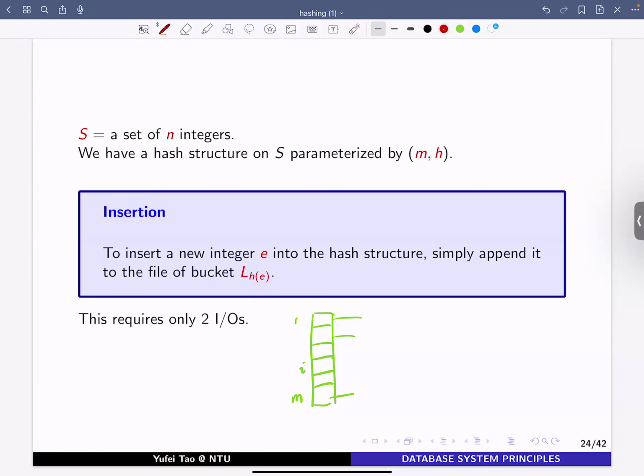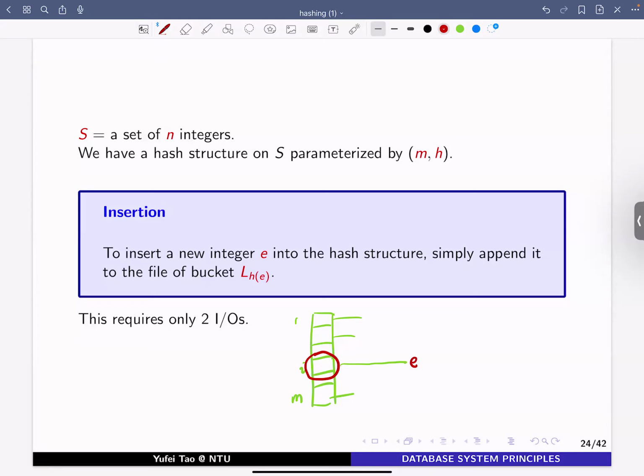You will be spending 1 IO to read the address of the file corresponding to this bucket number i. And then, if this is the file, you would like to append this e to the end of the file. That would take another IO. So in total, it requires only 2 IOs to perform an insertion. This is a constant number of IOs.